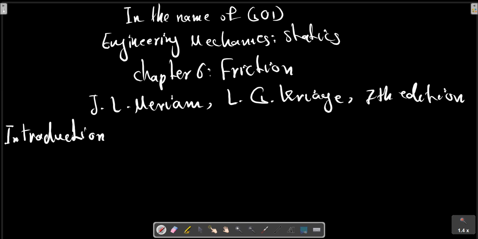In the preceding chapters, we have usually assumed that the forces of action and reaction between contacting surfaces act normal to the surfaces.